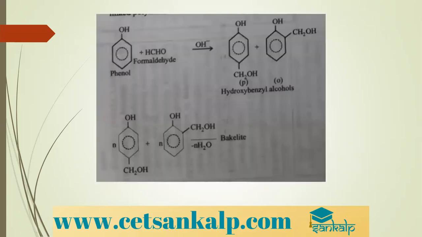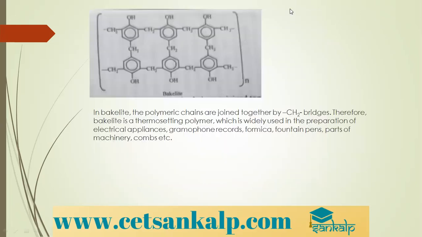You can see here, this is the structure: when you take phenol and formaldehyde, you get the ortho and para hydroxy benzyl alcohols. They will react with phenol and give us bakelite. So what is the structure for bakelite? This is the structure for bakelite. It is a cross-linked structure.